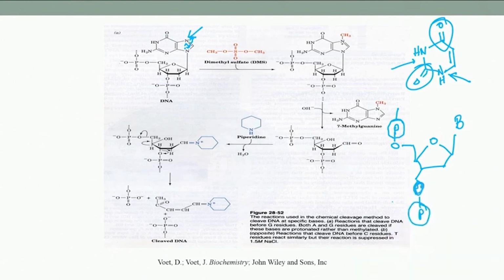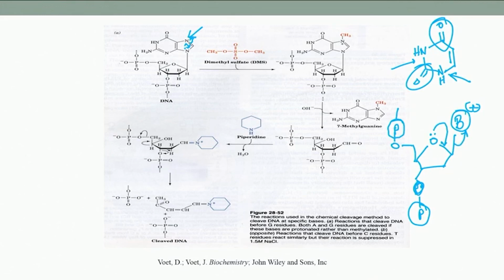One thing you remember: if you can somehow put a positive charge on this base, then this glycoside bond becomes very weak. This nitrogen lone pair flies here, and the whole base is gone.